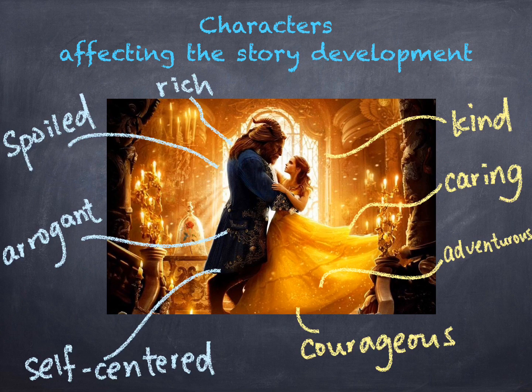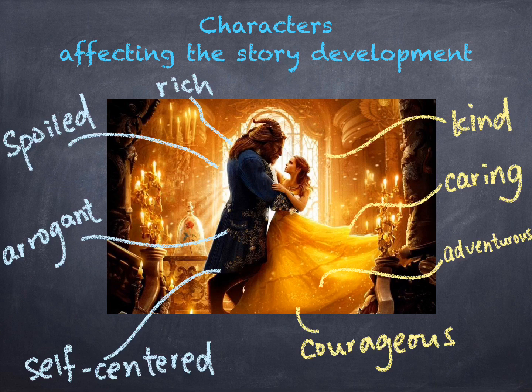So after studying the 3-act structure of a movie, we can also look into the characters, which may affect the story development. Let's take Beauty and the Beast as an example. If you know more about the characters, you can see that the design of the characters actually affects how the story develops.